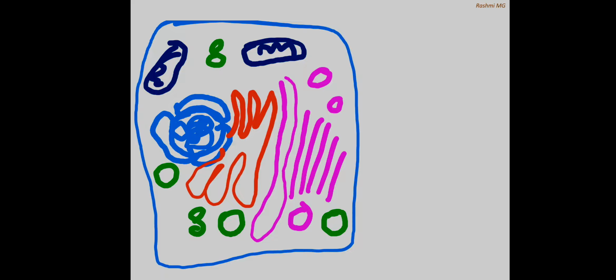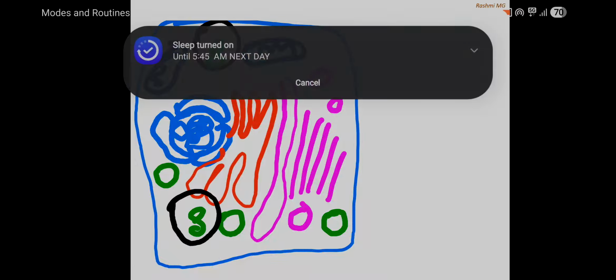So these are the major or the basic concepts you learned in the cell, right? These are known to be what? Cell organelles. To make you know that this ribosome is the protein synthesis site or the protein factory of the cell, right?